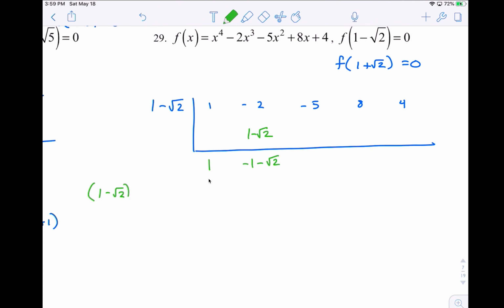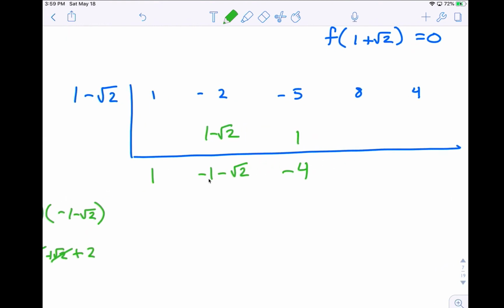I can't really do it in my head. Alright, so that's negative 1 minus root 2 plus root 2, and then plus 2. Okay, so those go away, and then that leaves me with 1, which is then negative 4.